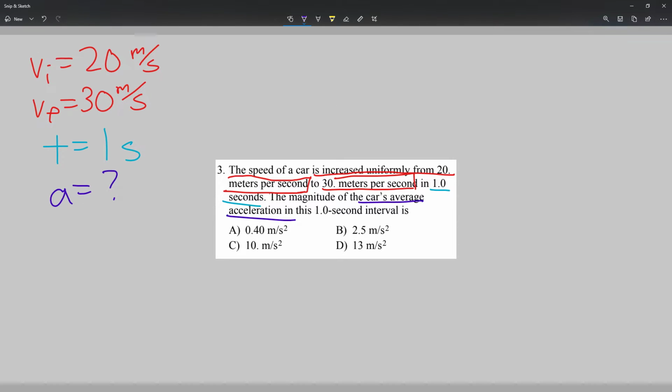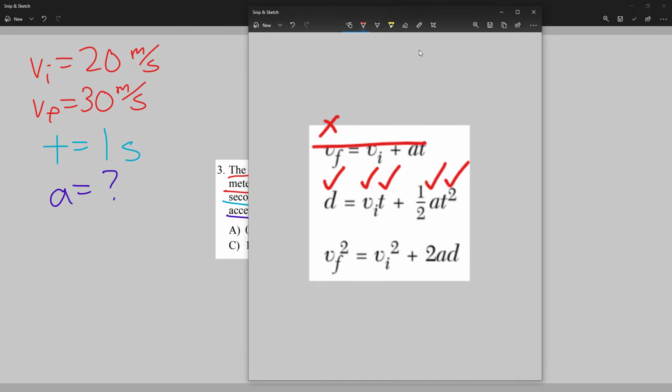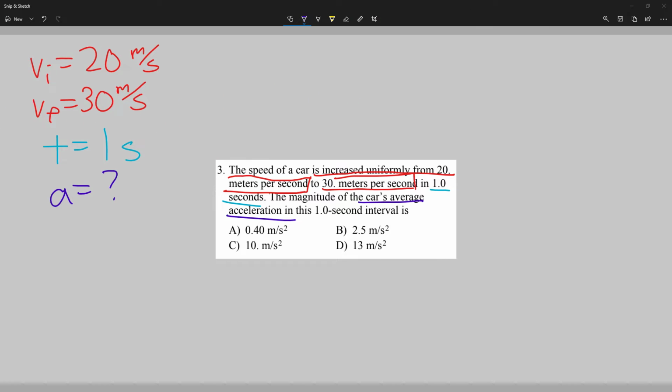So we're going to go back to our formulas. Well, do we have VF? Yep, we got VF. Do we have VI? Yep. Do we have A, or are we solving for it? Yeah, we are solving for A. And do we have T? Yep, we got T. So we're going to use that formula: VF is equal to VI plus AT.